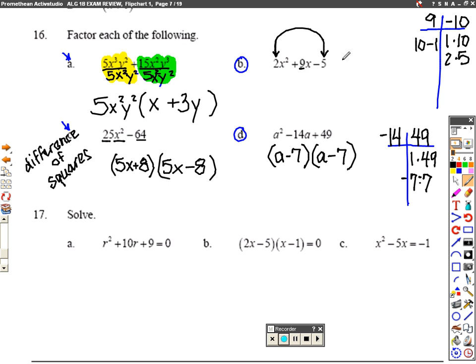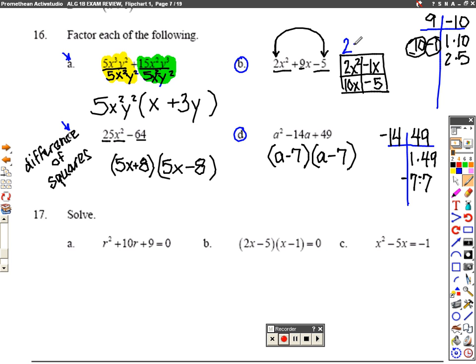So I draw a box, and I put 2x squared, negative 5, and then I have a 10x, and a negative 1x. Now my factors will just be the things along the top and along the side. So these guys have a 2 in common.